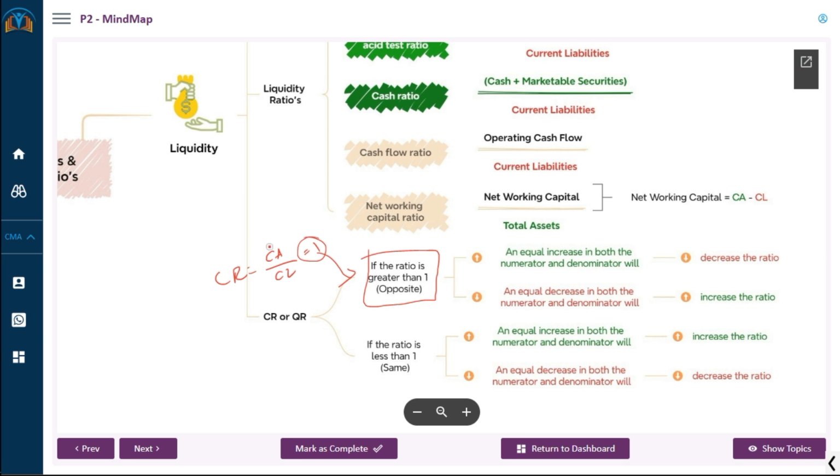If the current assets increase by 5,000 and the current liabilities increase by 5,000, the ratio is going to decrease. And an equal decrease in both the numerator and the denominator, for example a 5,000 decrease in each, the ratio is going to increase.